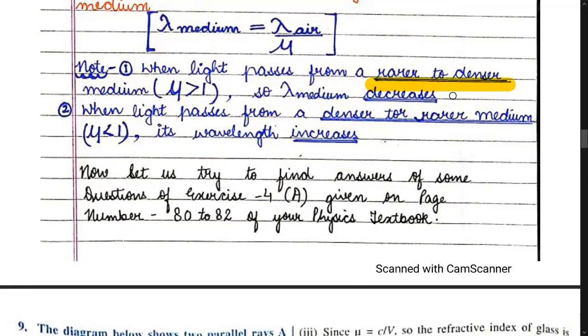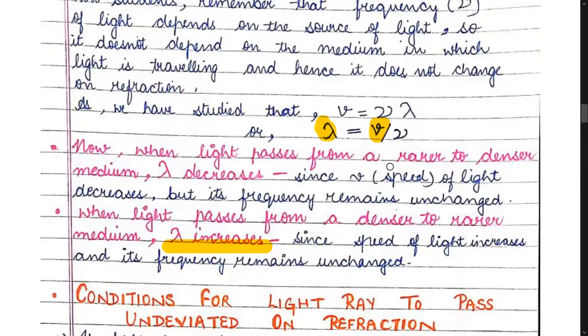In short, we can learn that when light goes from rarer to denser medium, the wavelength of light in that medium decreases as velocity also decreases. We have studied today that wavelength is directly proportional to velocity of light.